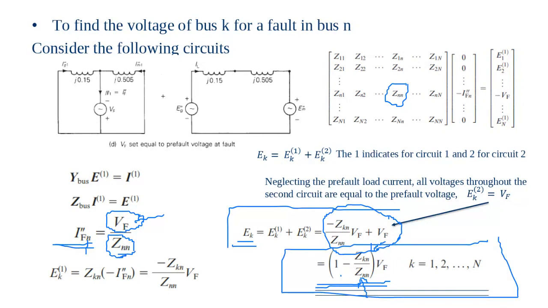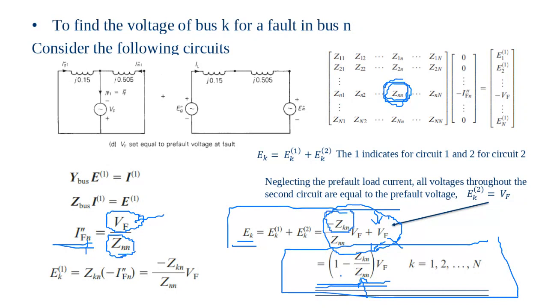And remember now, VF is the pre-fault voltage at what bus? At the faulted bus, of course. So in our case, it will be VF at bus number N, because the fault happens at bus number N, and we want to find the voltage at bus number K. So you will use the volts of bus number N, not K. In K, you will only use this part, ZKN.